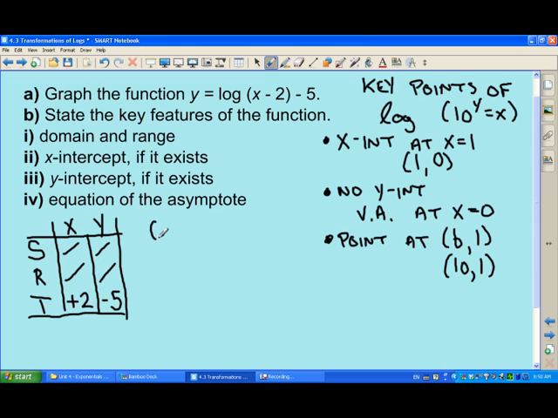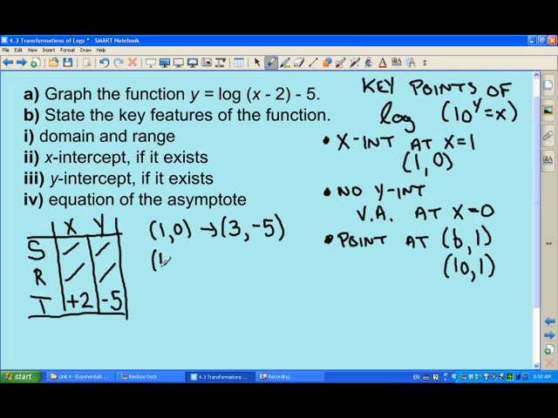So my point at (1, 0) is going to be moved. I'm going to take the number 1, I'm going to add 2 to it. So my point at 1 becomes a point at 3. And then my y value of 0, I'll subtract 5. So my point at (1, 0) becomes a point at (3, -5).